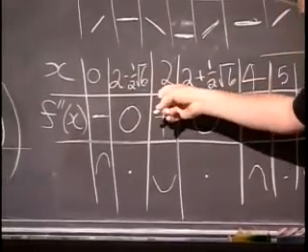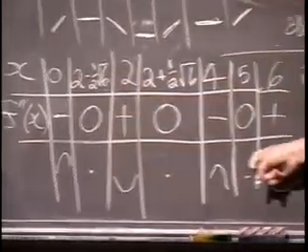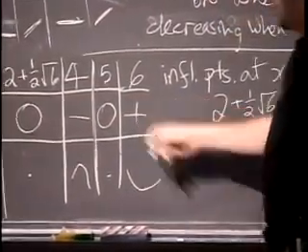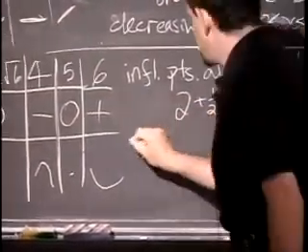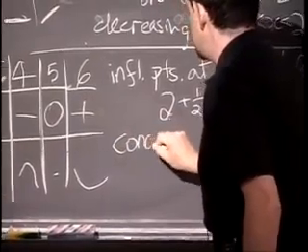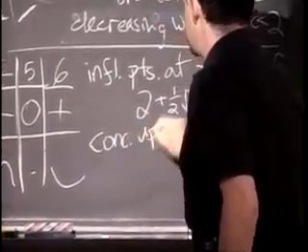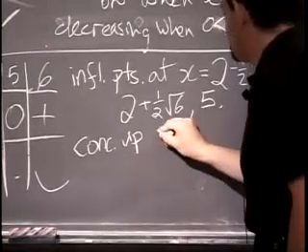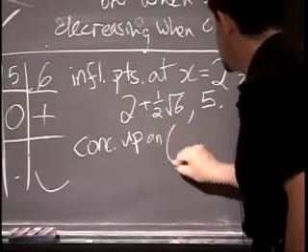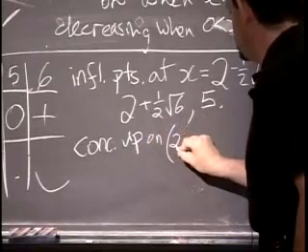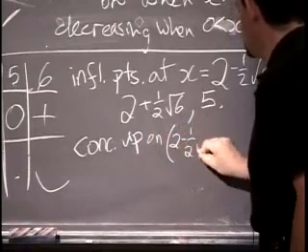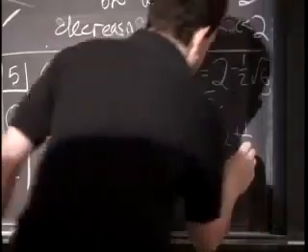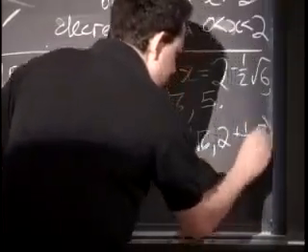Again, 2 is just a representative point. And it's also concave up to the right of 5, 6 being the representative point. So I'm going to write "conc up" to mean concave up, and I'm going to use the interval notation so I can squish it in this little space. It's concave up on, well, 2 minus a half root 6 to 2 plus a half root 6.